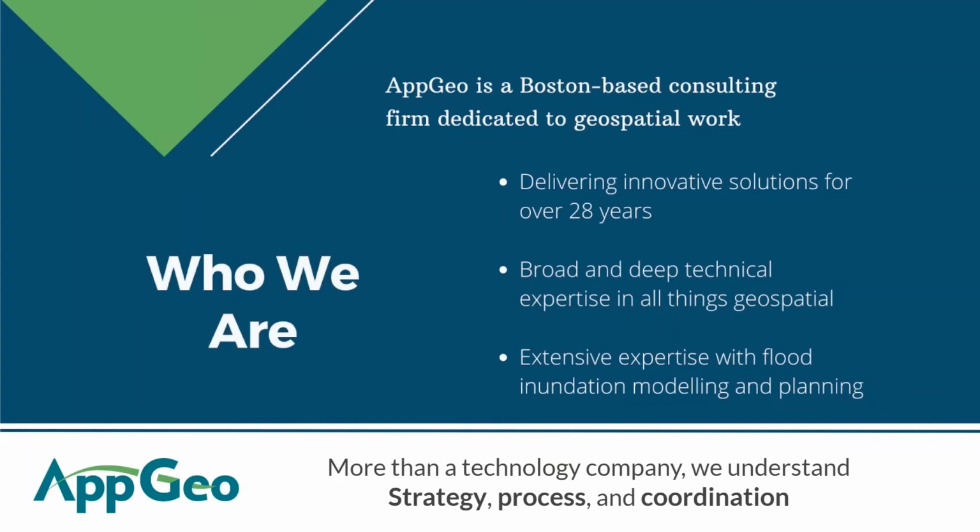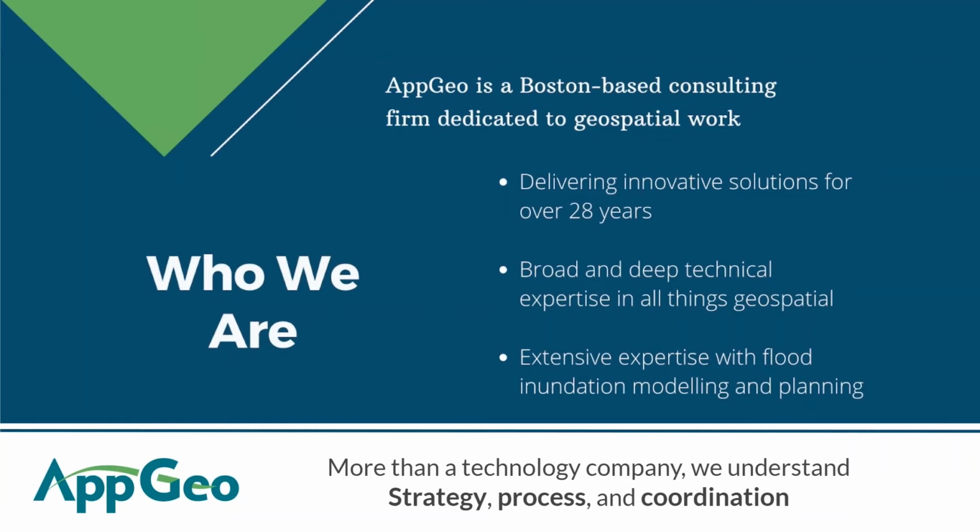A little bit about AppGeo. We are based in Boston, but have staff located around the country as well. And we've been delivering GIS and geospatial location intelligence solutions for over 28 years. So about as long as aerial imagery has been a thing in the digital world. And even before, we've been working with it.